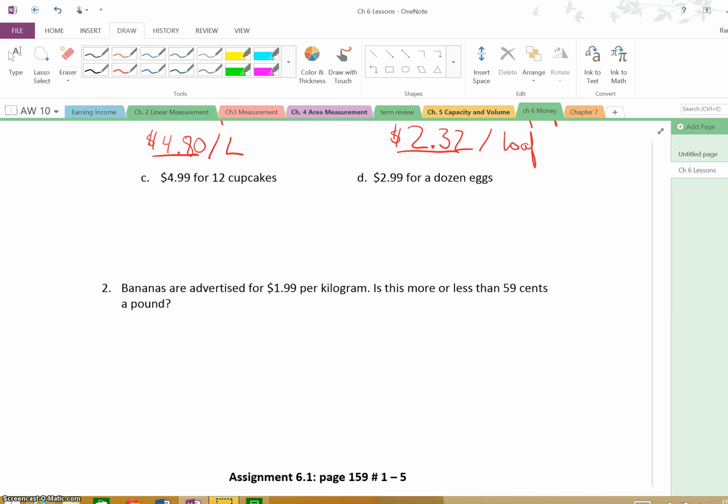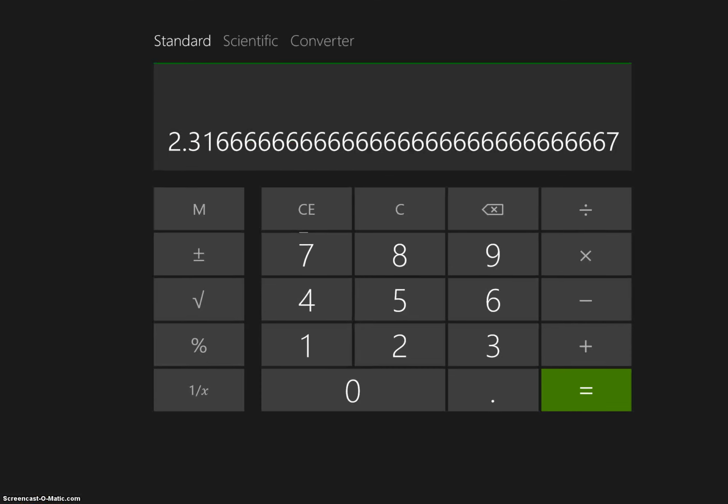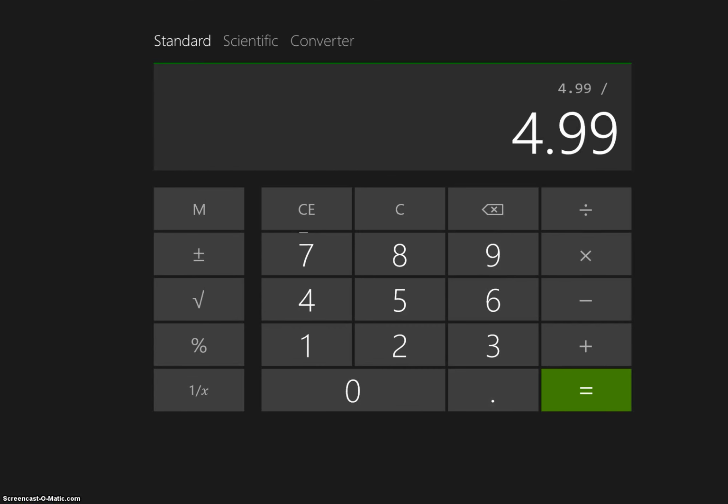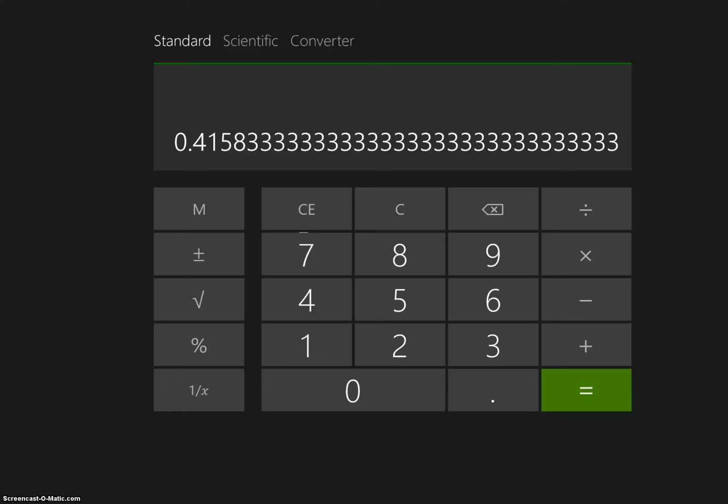So I want to know what the cost is per cupcake. This time I'm going to divide each by 12 to find out what the cost is per cupcake. So $4.99 divided by 12. Round to the nearest cent. So it's going to be 42 cents.